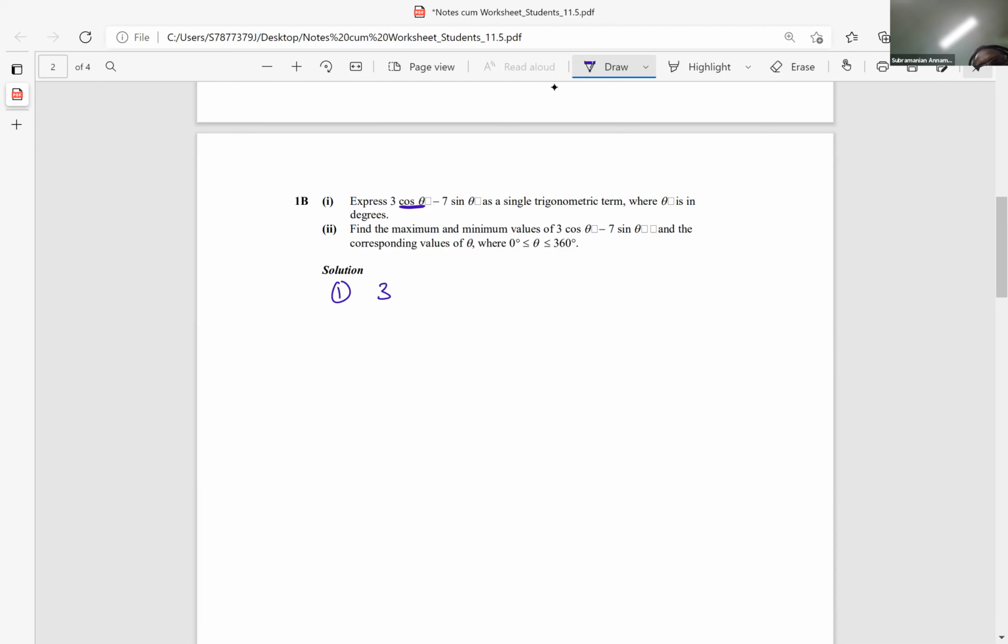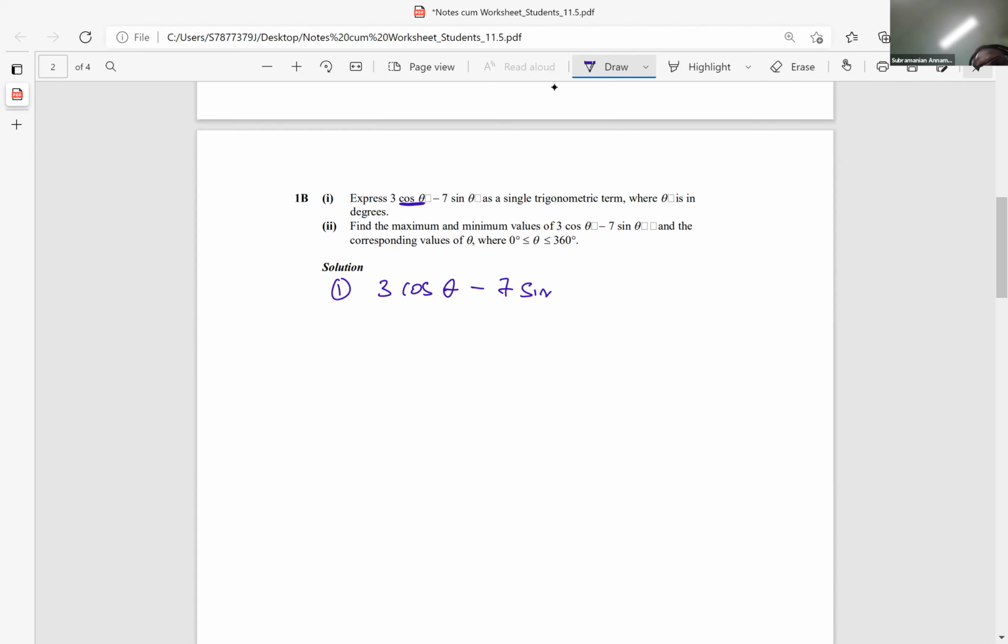So 3 cosine theta minus 7 sine theta should give you R cosine theta and alpha. But this is negative. For cosine, it will be opposite, so it should be positive. Do you get this portion?